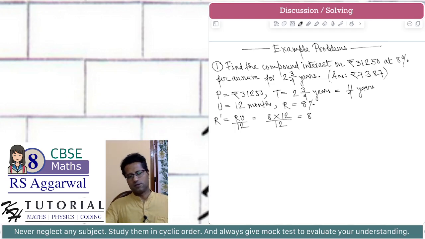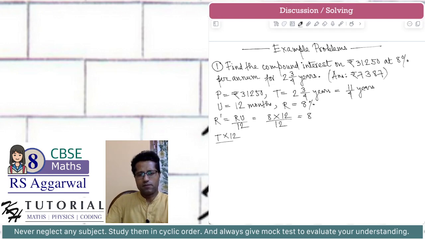Since u is 12 months, definitely we will have R dash equal to R. Also, we have to find T multiplied by 12 divided by u in the form of n and a by b. What is T? T in years is given as 11 by 4. So 11 by 4 multiplied by 12 divided by 12.